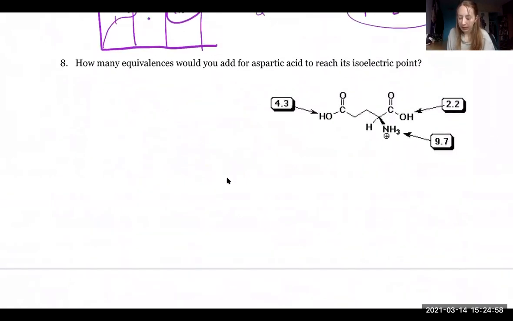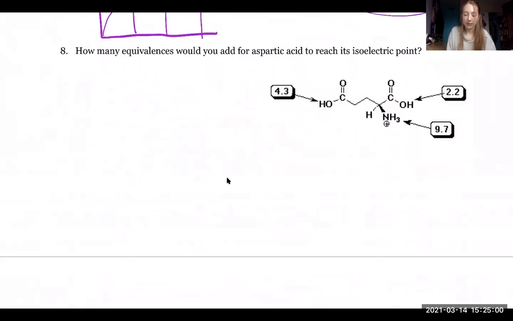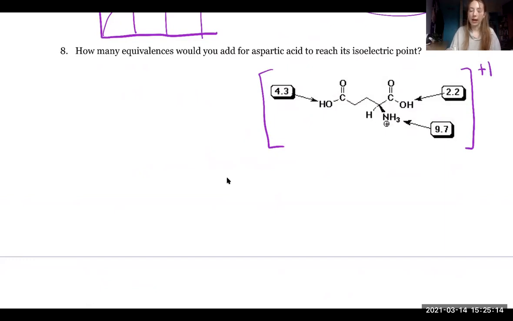Okay. And so this problem, how many equivalences do you need to add to get this to reach the isoelectric point? Okay, so this is pretty straightforward. We start with a charge of +1, right? And so at every equivalence, we deprotonate 1.